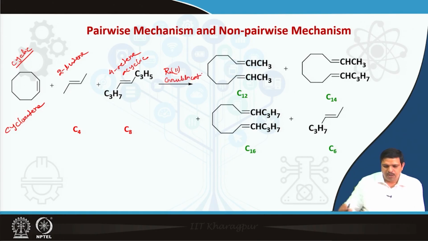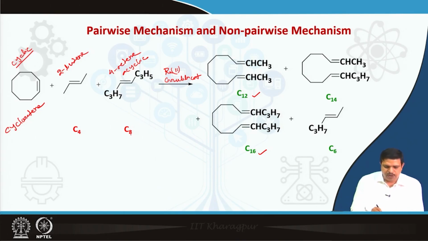Then if you consider the pairwise mechanism, cyclooctene should undergo the reaction, and you will get only C12 and C16 at the initial step of the reaction.